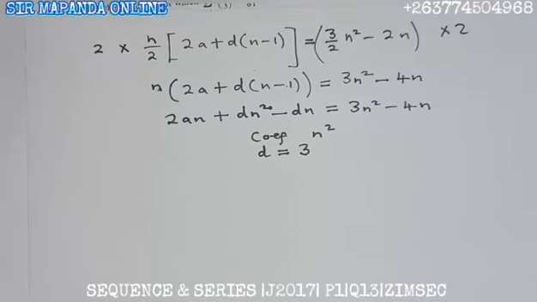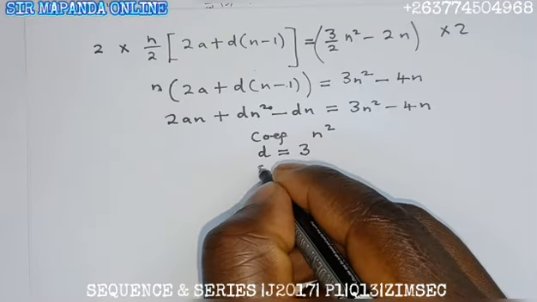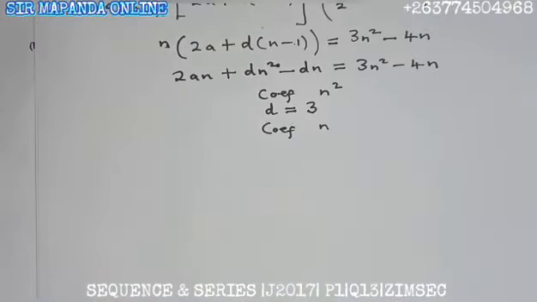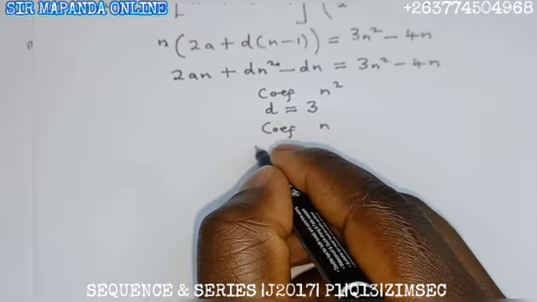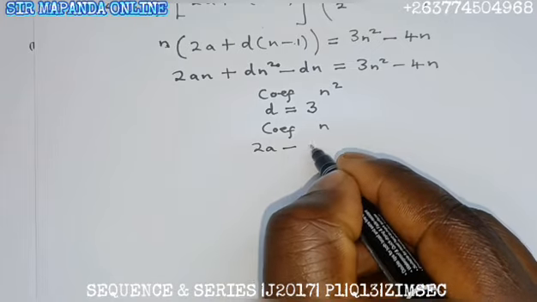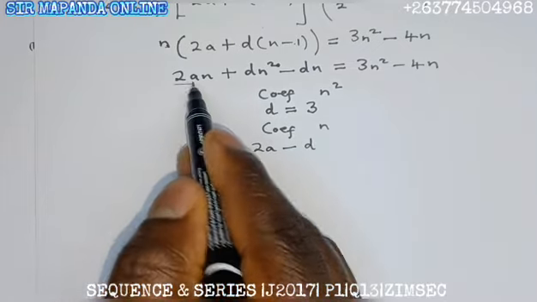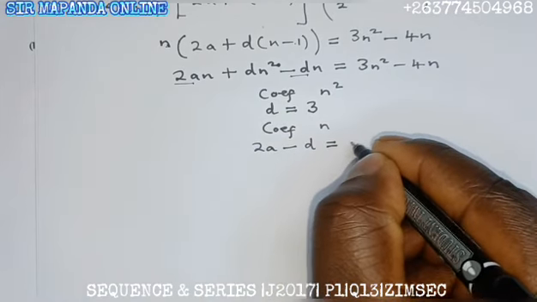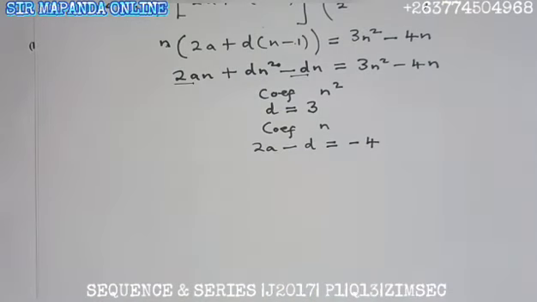Then to find a, I'm going to equate the coefficient of n on both sides. The coefficient of n on the left, we have 2a and minus d. Then the coefficient of n on the right side, we have minus 4. I hope you are following.